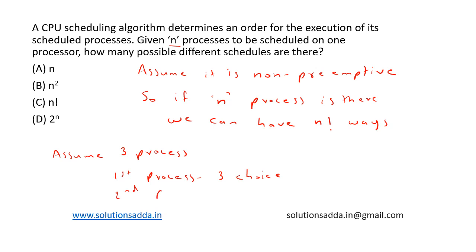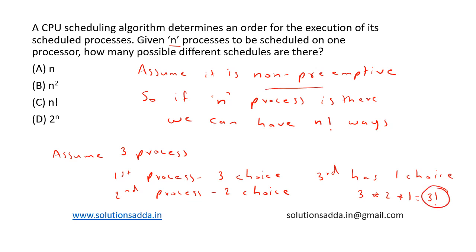The second process will have 2 choices, and the third process has 1 choice. So the total number of choices is 3 into 2 into 1, which is equal to 3 factorial. This is for non-preemptive. If it is preemptive, then we can have an infinite number of choices. So assuming that it is non-preemptive, option C, n factorial is the right answer.